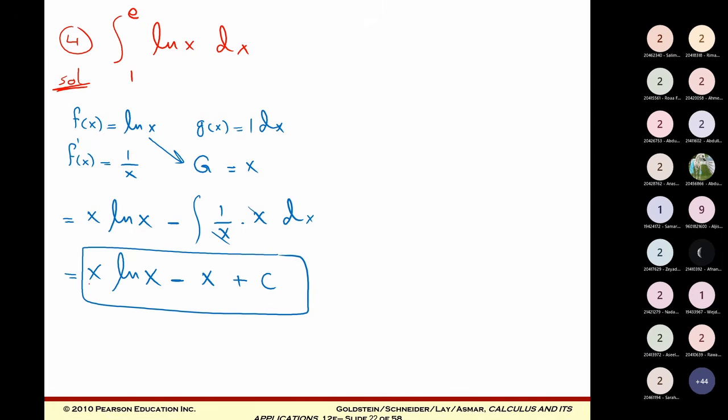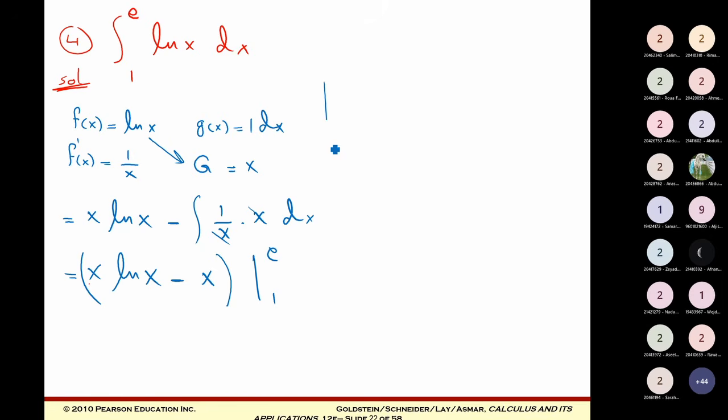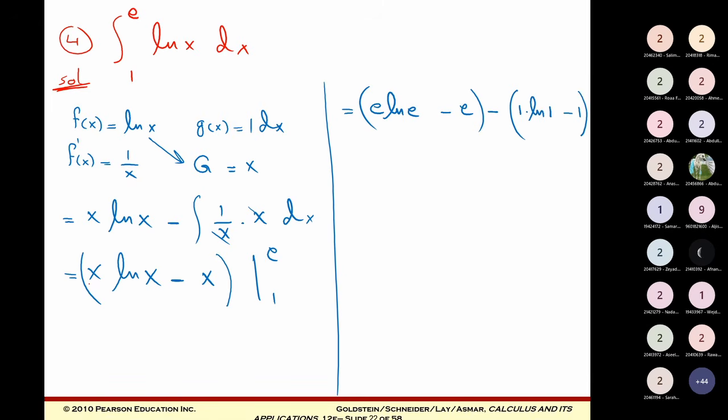Okay. Now, look at this. This is definite, so we must substitute e and 1. Substitute e: e ln e minus e, minus substitute 1: 1 ln 1 minus 1.